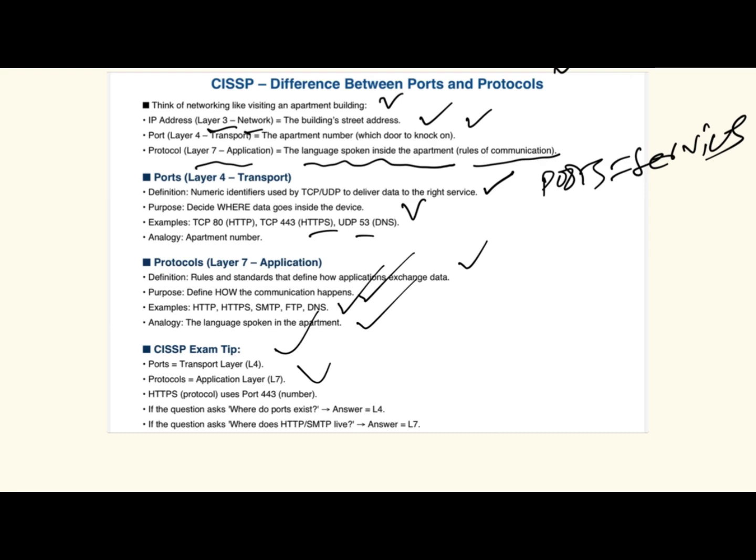HTTPS protocol uses port 443. So if the question asks where do ports exist, it is layer 4. If the question asks where do HTTP and SMTP live, then the answer is layer 7.